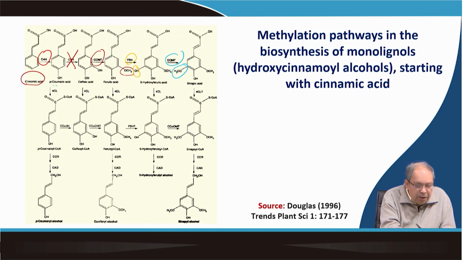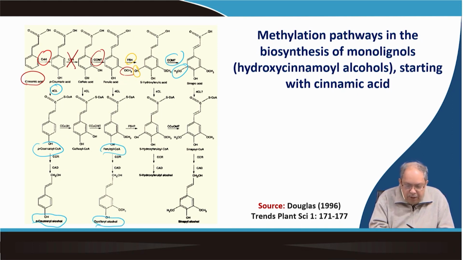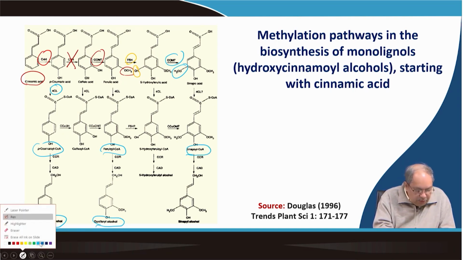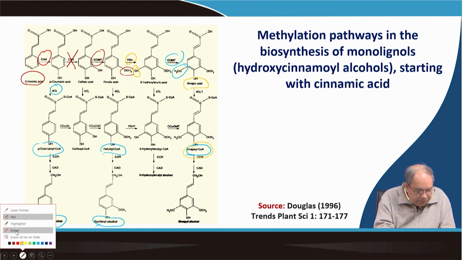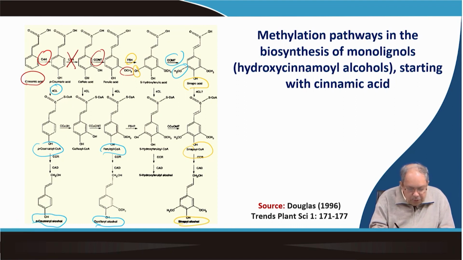Now, coumaric acid is activated by making paracoumaroyl CoA, contributing to paracoumaryl alcohol, whereas feruloyl CoA, which originates from ferulic acid, contributes to coniferyl alcohol, and sinapoyl CoA, which originates from sinapic acid, contributes to the formation of sinapyl alcohol. I have mentioned the respective lignins formed by these monolignols: H, G and S. So, this scheme is pretty straightforward.